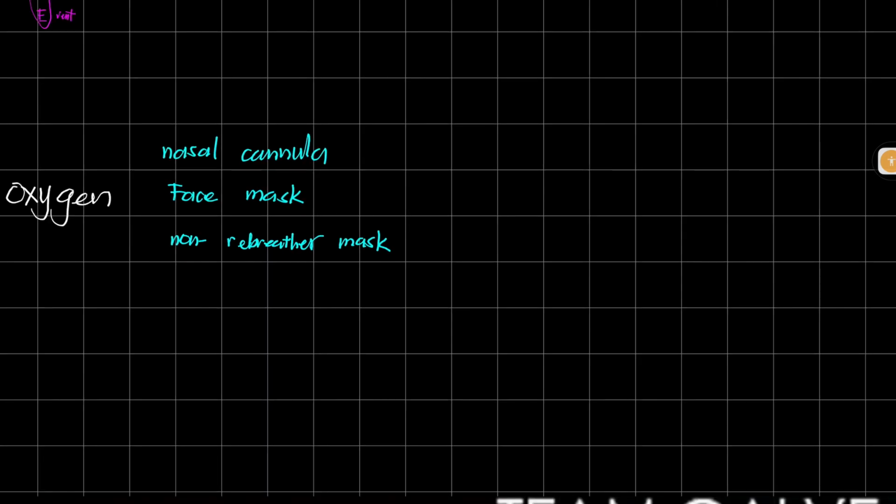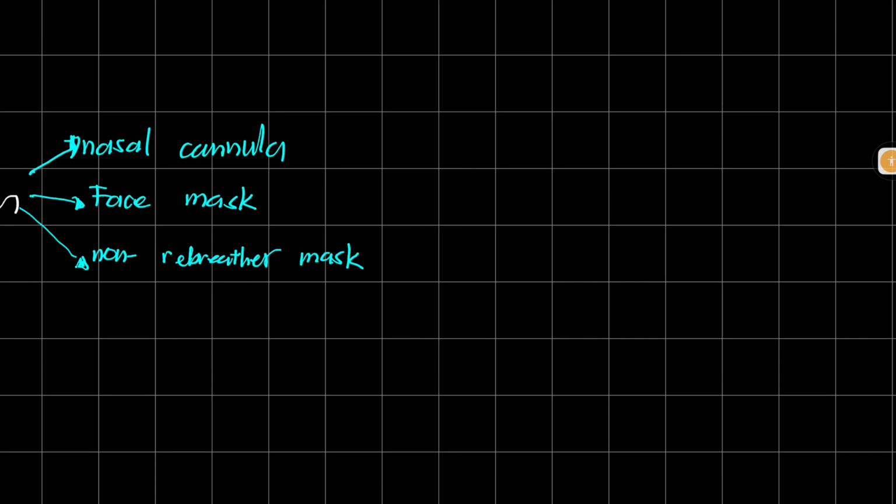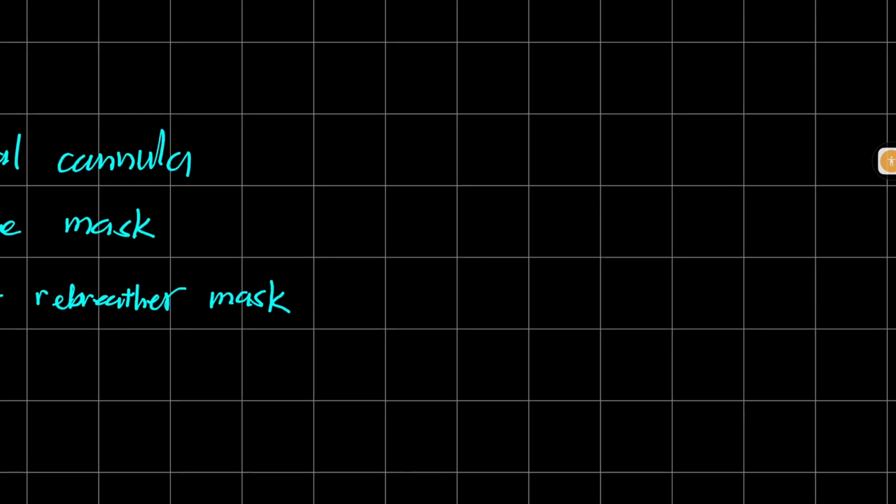Now, what's the difference between these three? In terms of differentiation, the maximum percentage of oxygen that they can give to your patient is the one that matters, and also makes them different. The level of oxygen that you can give depends on your desired goal.